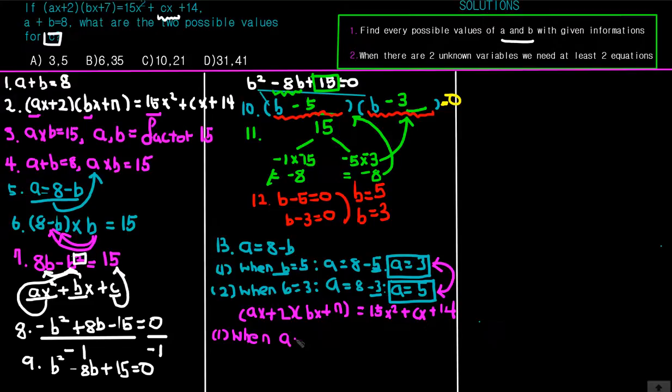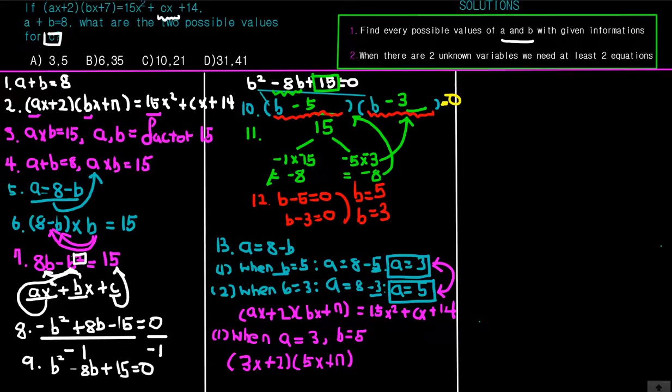When a is equal to 3 and b is equal to 5, it is going to be (3x plus 2)(5x plus 7), where 5 is the value of b and 3 is the value of a.